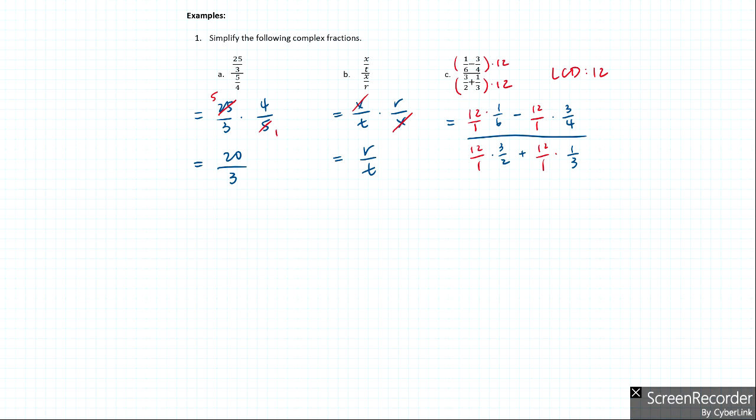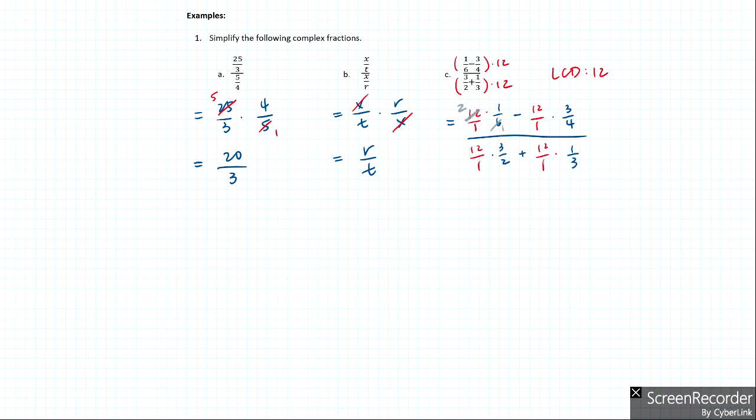And now you can see every single term gets distributed by a factor of 12. And the nice thing about multiplying 12 for everything is we recognize 12 is a multiple of every single denominator. And as we do so, we can start the cancellation process. Here we have in the first term 12 over 1 times 1 over 6. So 12 and 6 cancel out to leave a factor of 2 on top and 1 on the bottom.